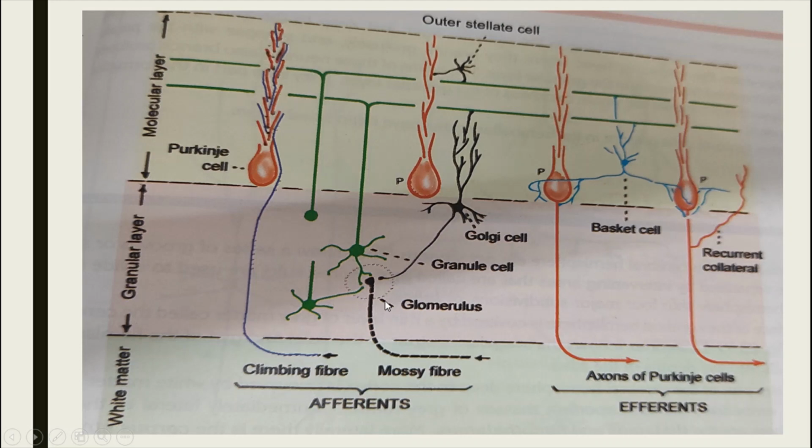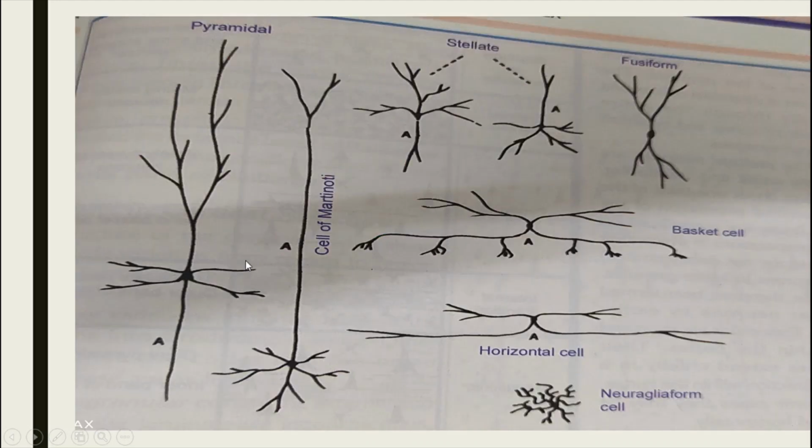This is how the cells appear in the cerebrum with the different types of cells.